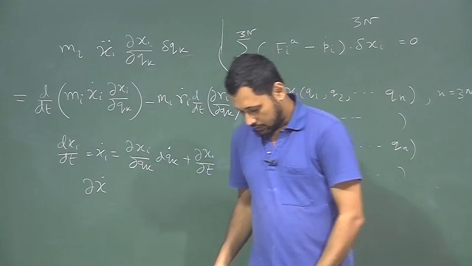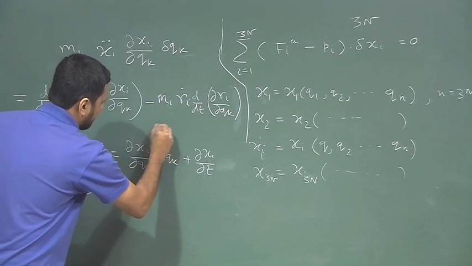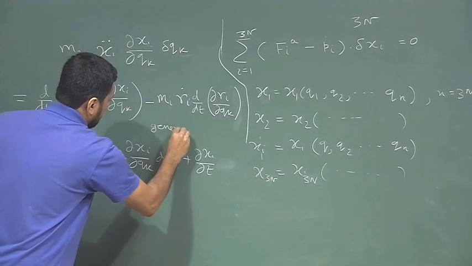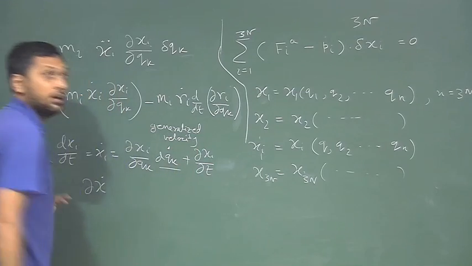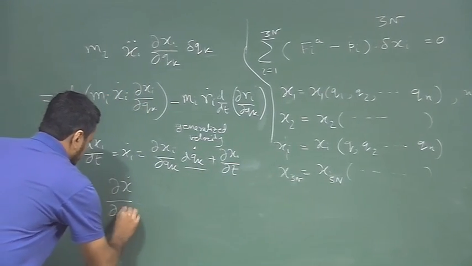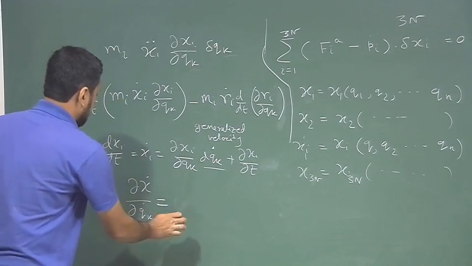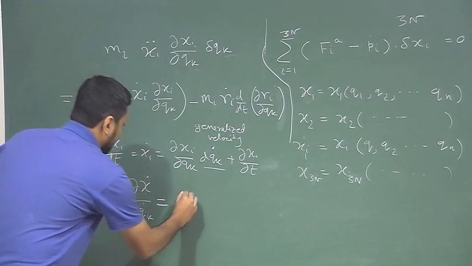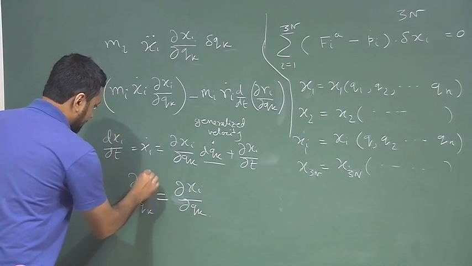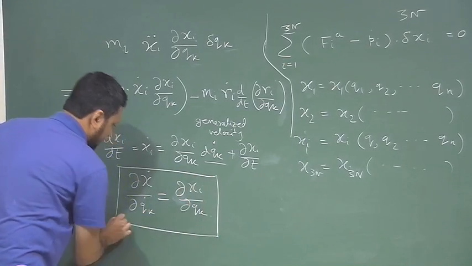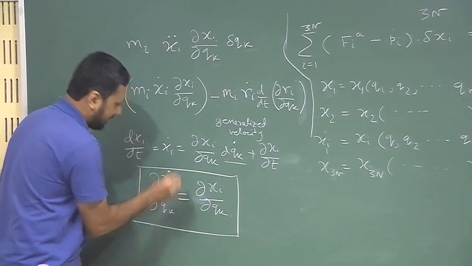Now, if I take the partial derivative with respect to a generalized velocity, what we gain is del xi del qk dot is equal to del xi dot del qk dot is equal to del xi del qk. This is an interesting result, keep this in mind. In short, you can call it the cancellation of dots.